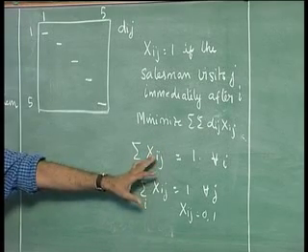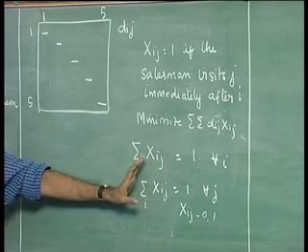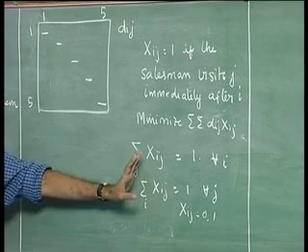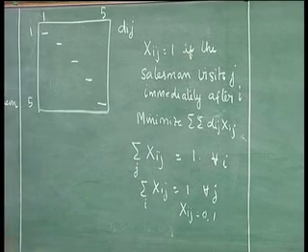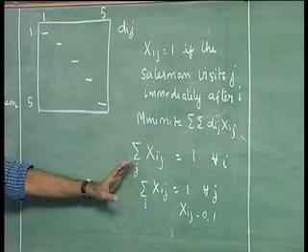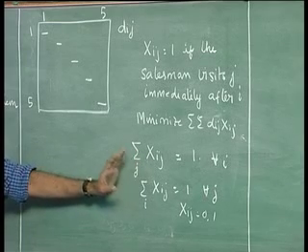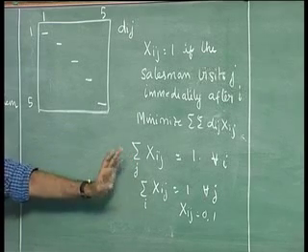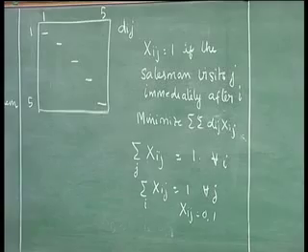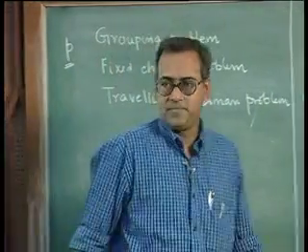Is this answer correct, or is this formulation correct? It is not, simply because this is the formulation for the assignment problem. So there has to be something more which makes it a TSP. Now what is that?